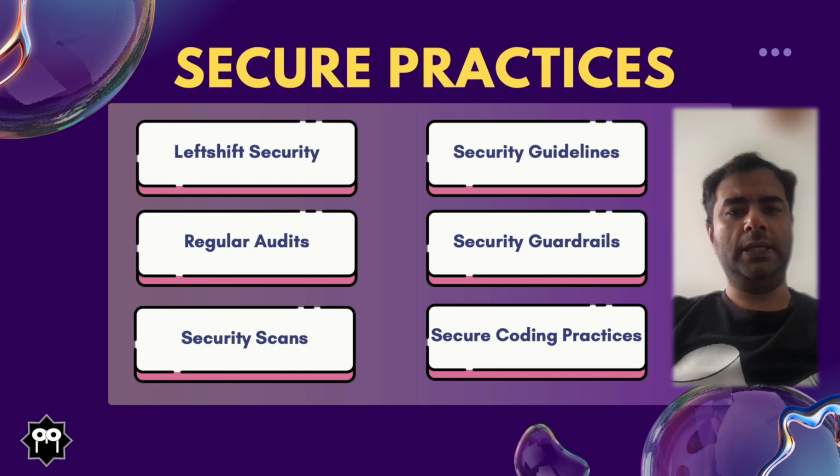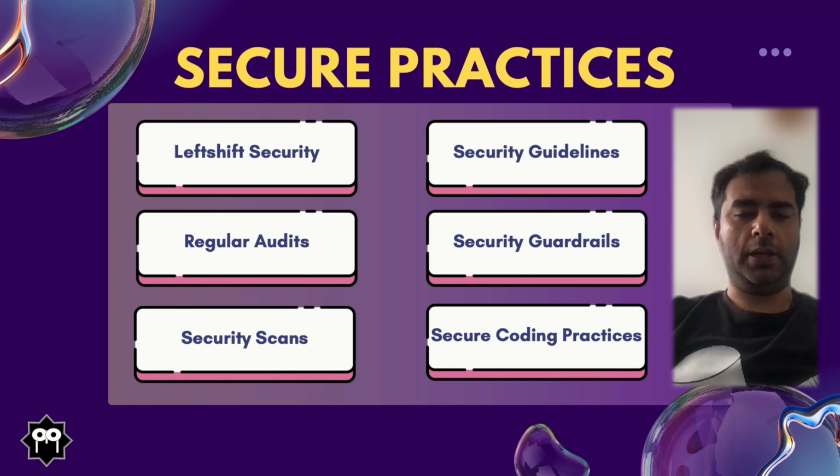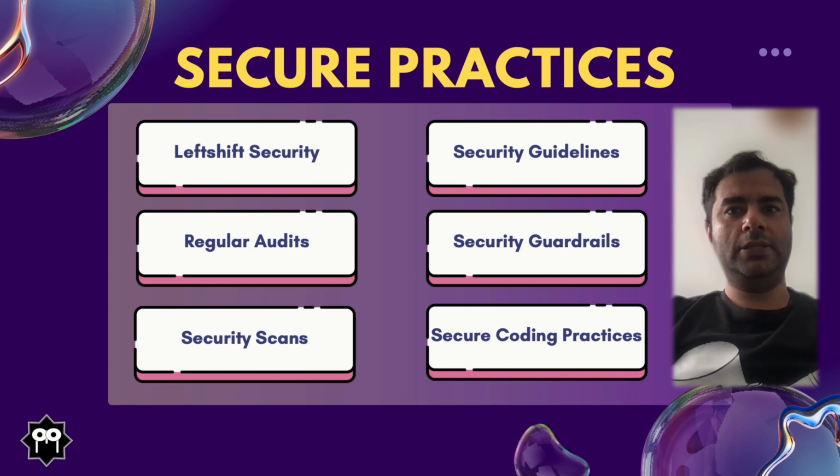First and foremost is the left shifting of security. Traditionally, security was considered a compliance issue, which means once the software was developed, only towards the end, when the CISO came into the picture, was security thought of. However, that's too late to implement security.